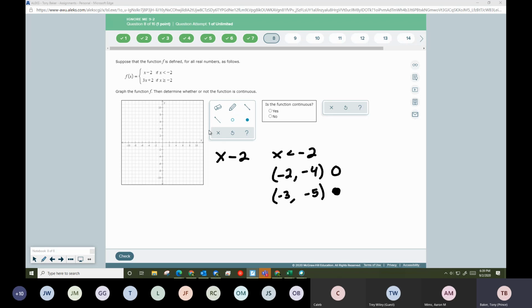I have an open dot at (-2, -4) and a closed dot at (-3, -5). Since it has one endpoint, I'm going to use the line that has one endpoint and graph it. So that is the graph for x minus 2. Does that part make sense?